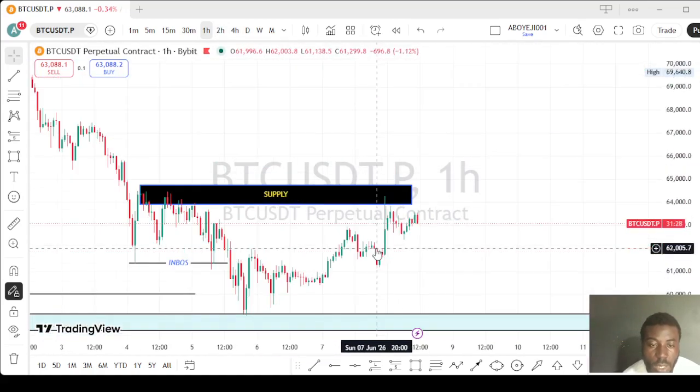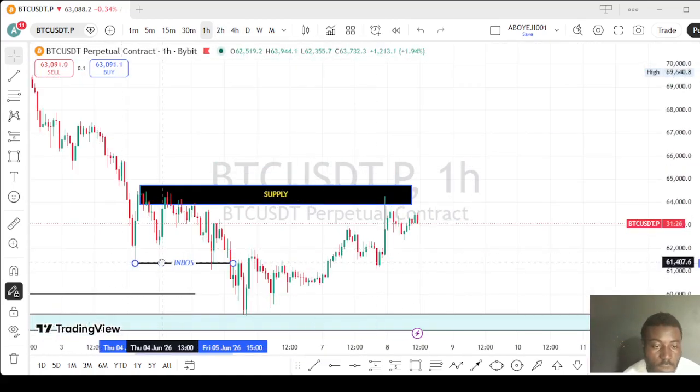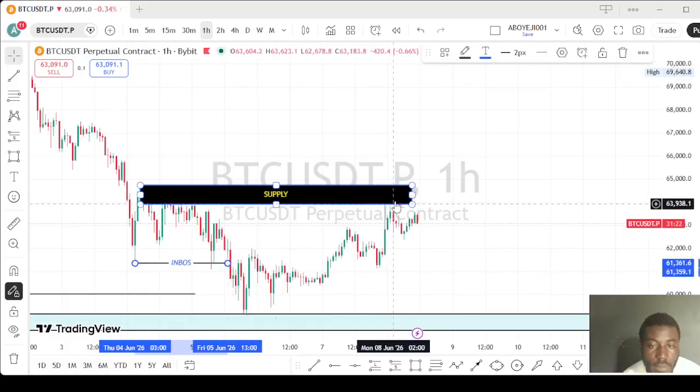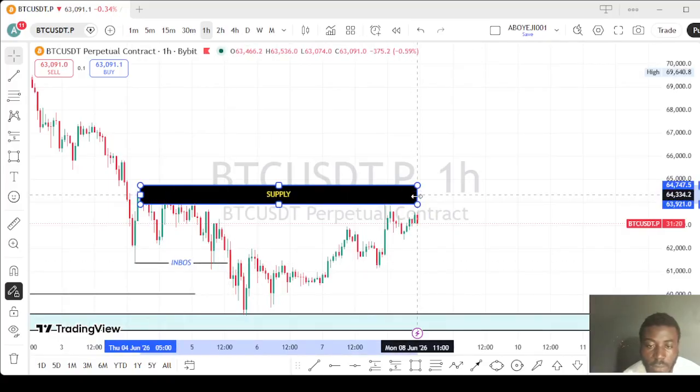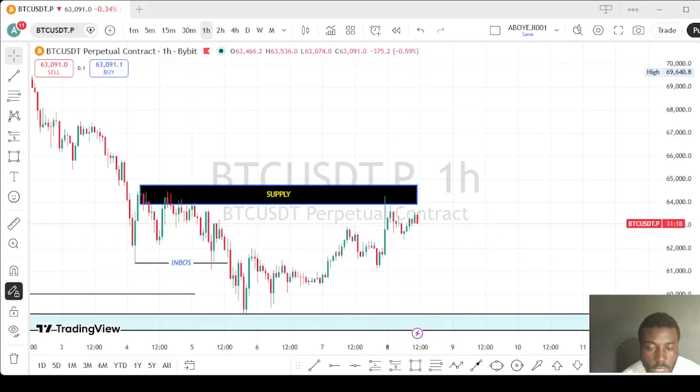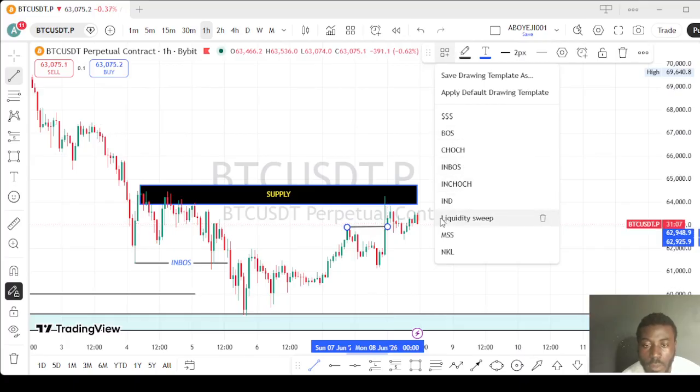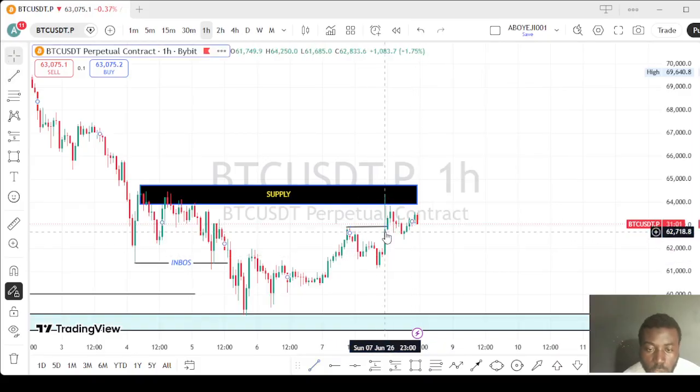This is the vibe 1 hour time frame is giving us. You can see the break of structure here. This is the vibe the 1 hour time frame is giving us. So this is the last break of structure to uptrend. But this is not a valid uptrend, it is a liquidity swept.